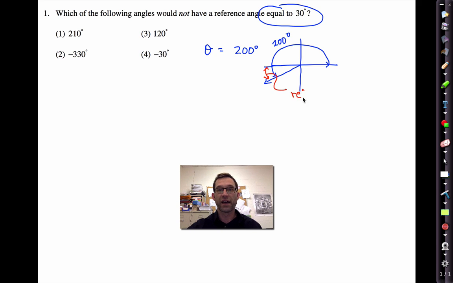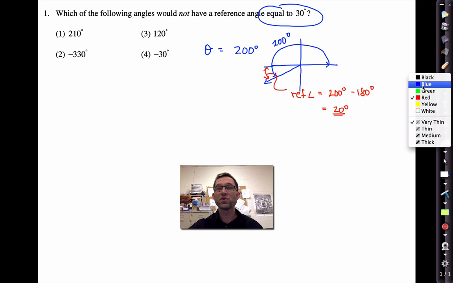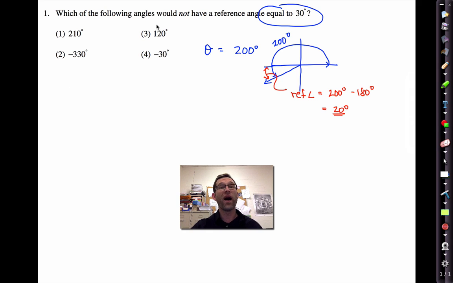So my reference angle, when I have an angle of 200 degrees, would be 200 degrees minus 180 degrees, and that would be 20 degrees. So 200 wouldn't have a reference angle of 30. So the question is, which one of these angles would not have a reference angle of 30?